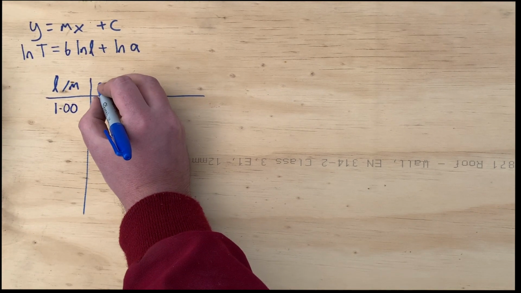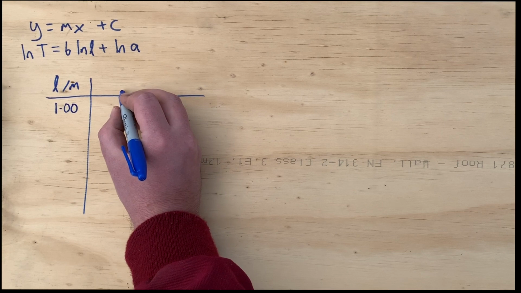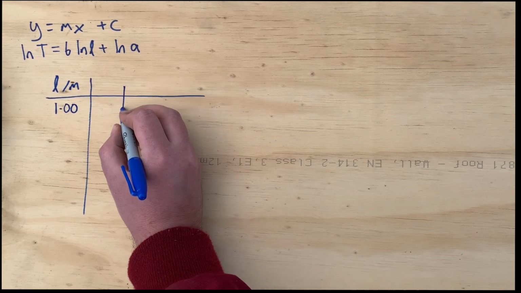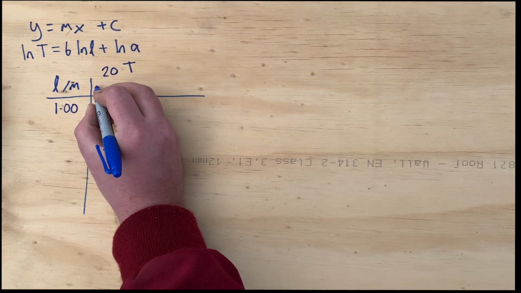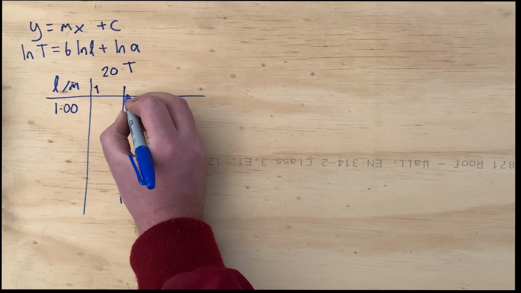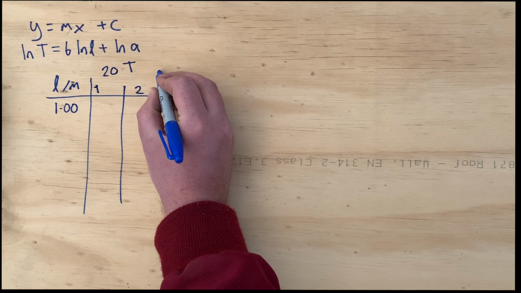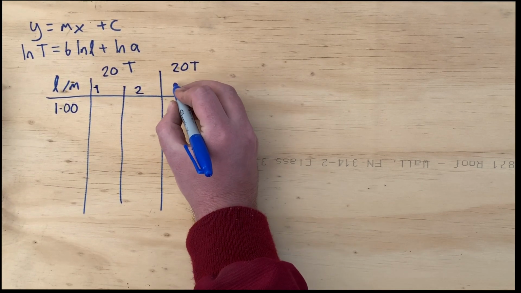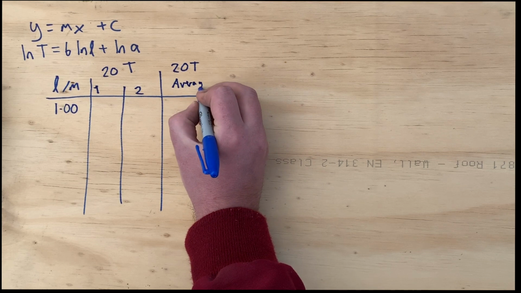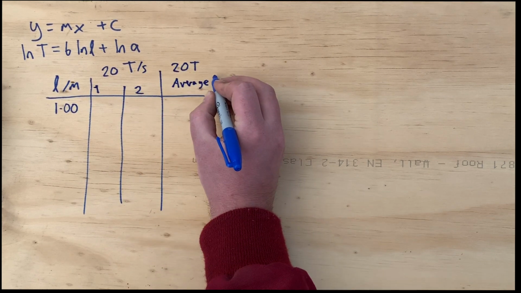The time period, we're going to measure 20 lots of the time period, and we're going to do it twice. So we're going to do 20T. So this is trial 1, this is trial 2, and now you could miss this column out if you want. Sorry, that should be in seconds.